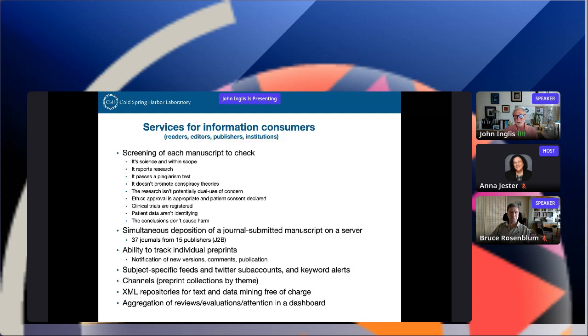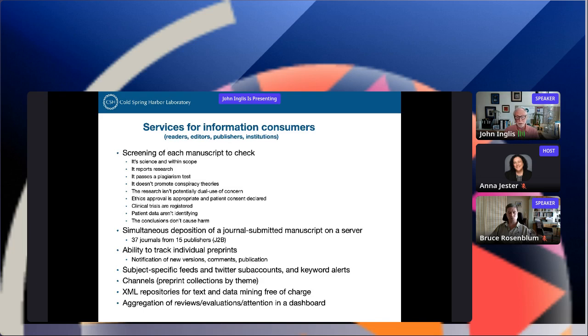We also offer services for information consumers, readers, of course, but also editors, publishers, and even institutions. And screening of the manuscript is an essential part of that. These manuscripts are not peer-reviewed. They are not evaluated for quality or accuracy, but they are checked in a variety of ways, mostly all of which I've shown you here.